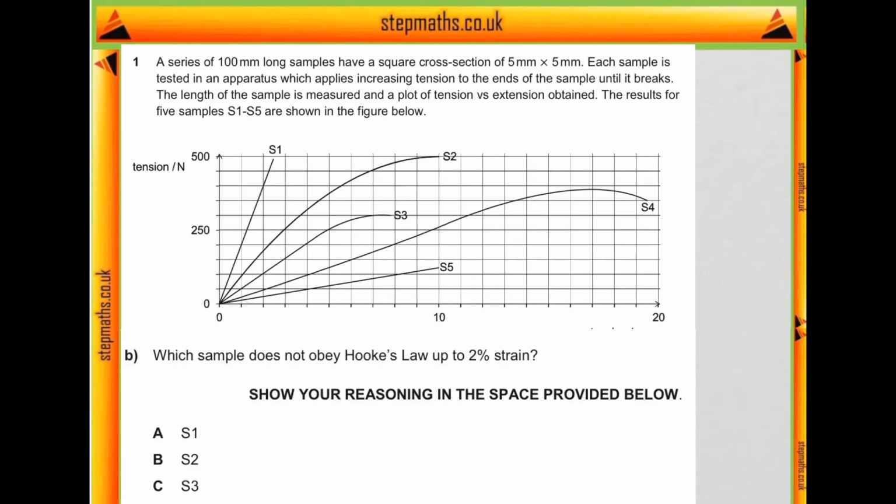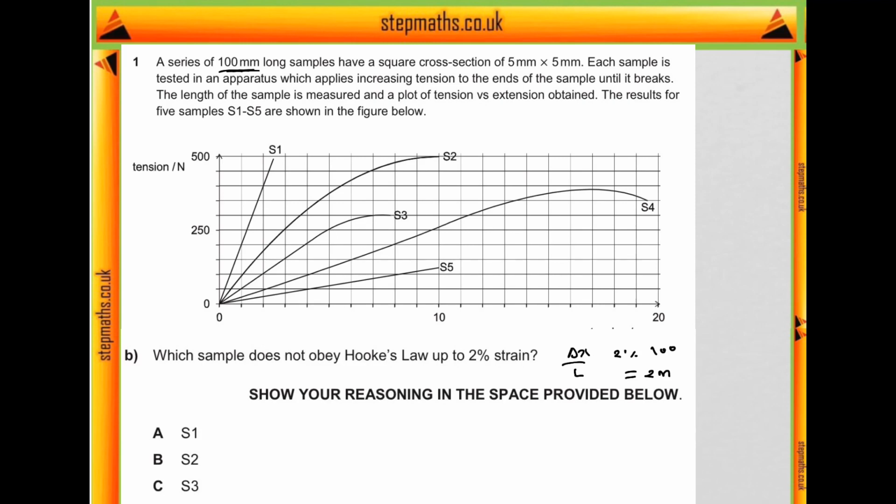Okay, so this question asks which sample does not obey Hooke's law up to a 2% strain. Recall that strain is the extension per unit length. So a 2% strain on a 100 millimeter sample is 2% of 100, which is just 2 millimeters. So we want to look at which sample does not obey Hooke's law for less than 2 millimeters.